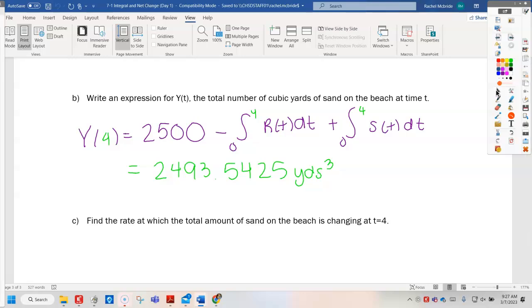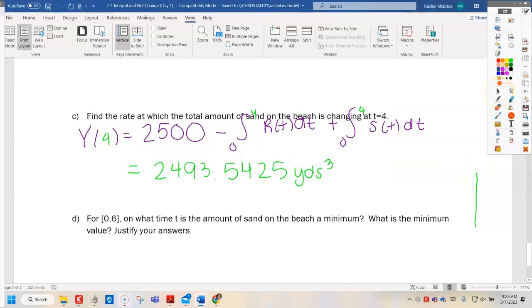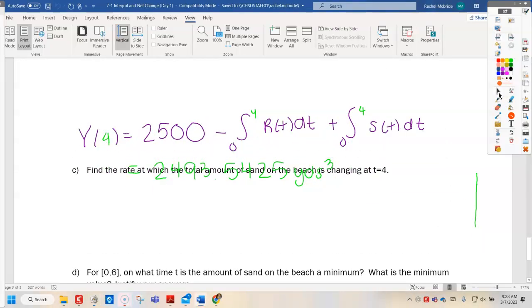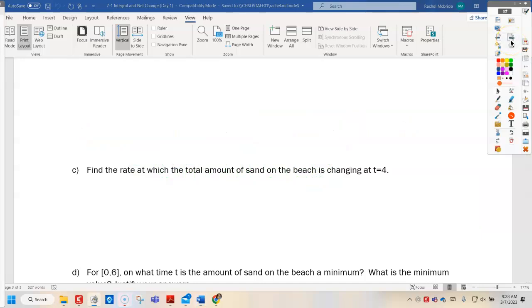So our originals would just have been, and you can go to your table, S of 4 minus R of 4. So it's what you're adding and what you're removing. And that will give you yards cubed per hour.